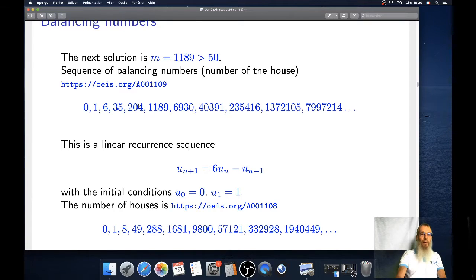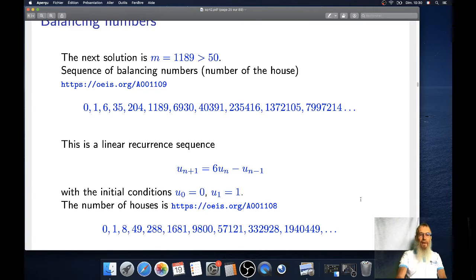If you want to find 204, you multiply 35 by 6, and you remove the previous one, which is 6. So this number here is 6 times this one minus this one here. So this is a so-called linear recurrent sequence. And the initial conditions are 0 and 1. Once you know 0 and 1, you know all the other ones.